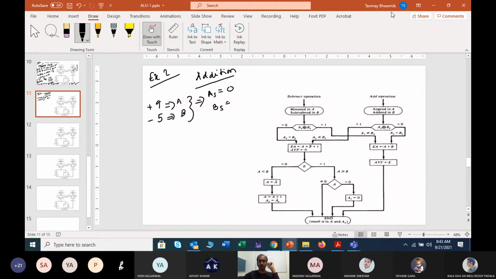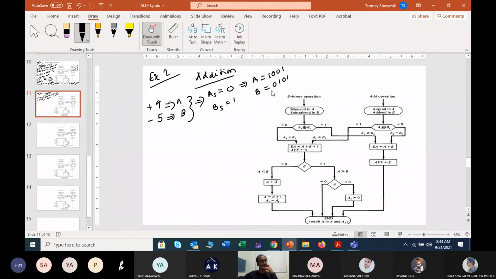So what should be stored in BS now? This is -5. So BS should be 1. Okay. So now what we should do, and parallelly we should also write this. In A we will write 1001, and in B we will write 0101.